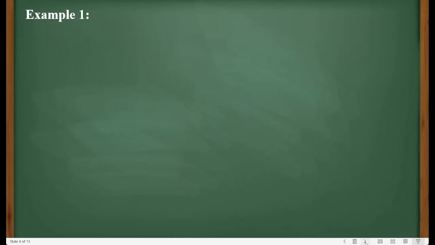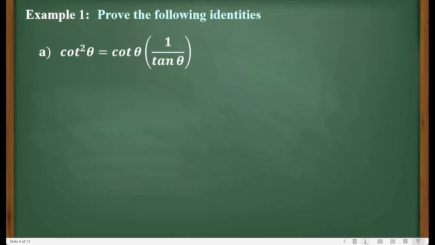Okay, let us start with example number 1. We're going to prove these identities. Letter A, cotangent squared theta equals cotangent theta times the quantity 1 over tangent theta. From this given identity, we choose which of the two sides are to be simplified.